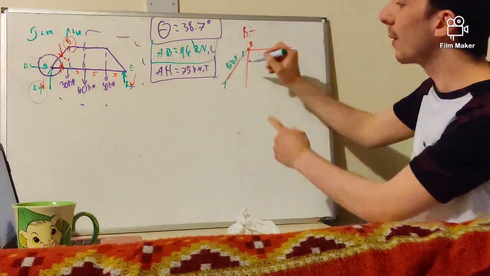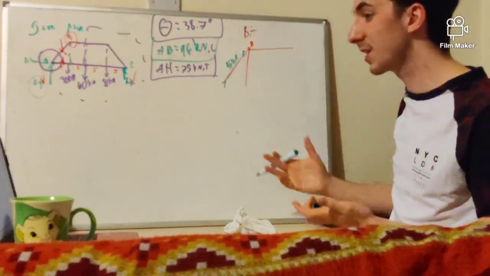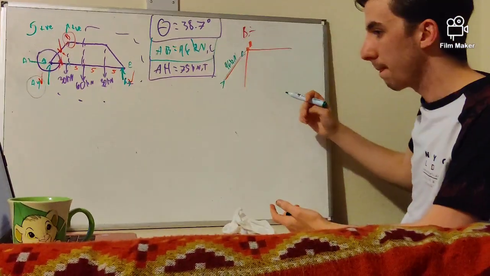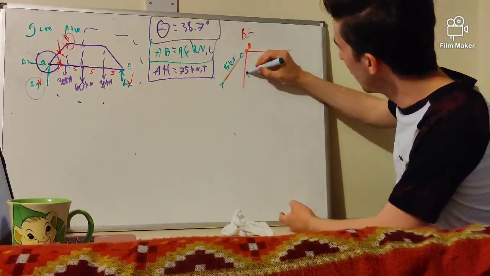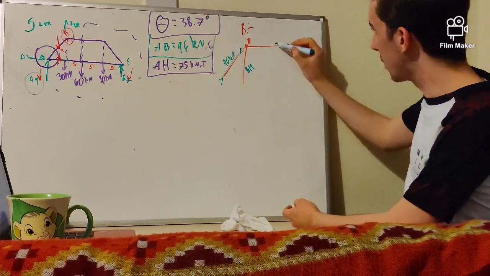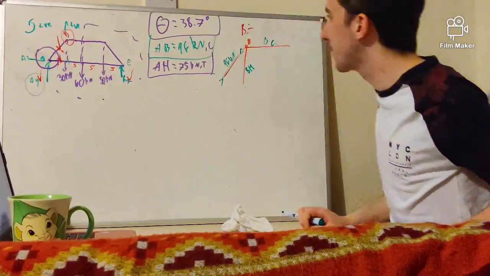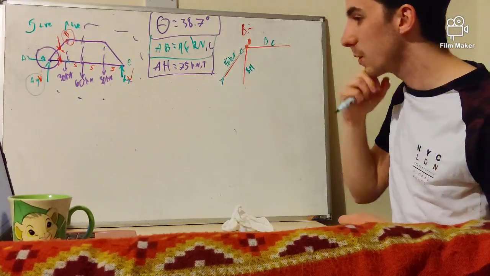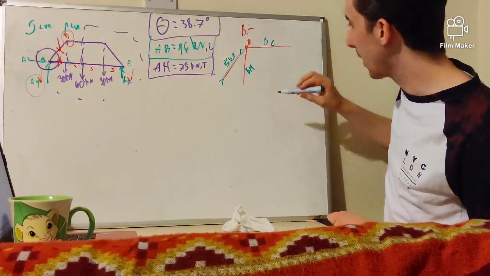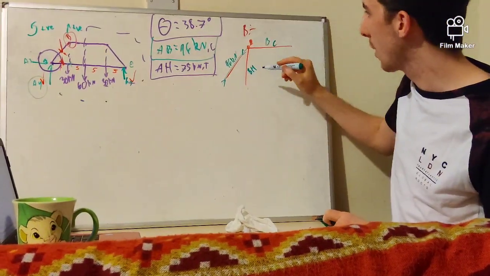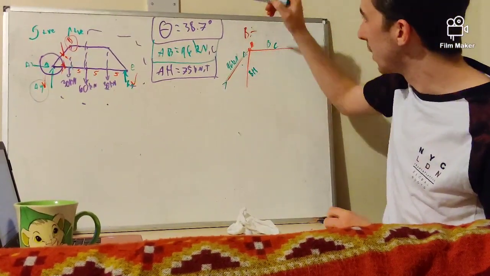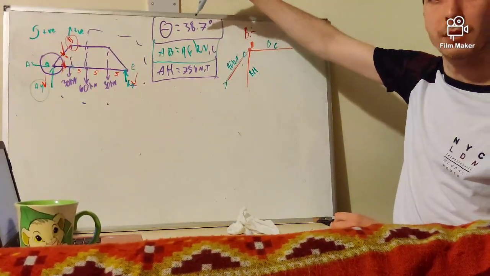So I already know that one. That's a fantastic start. Okay. I don't know BH, and I don't know BC, but that's fine, because, why is that fine? We know the angle, now we know the angle, must be 180 minus 38.7.